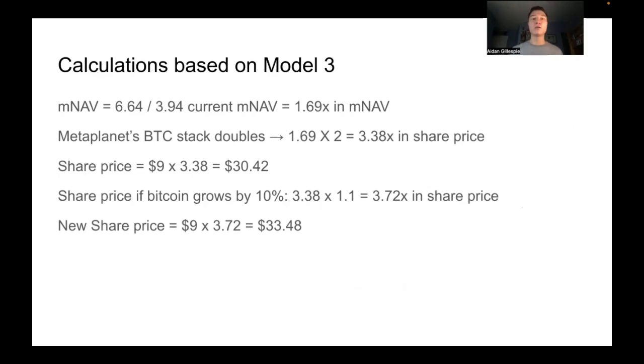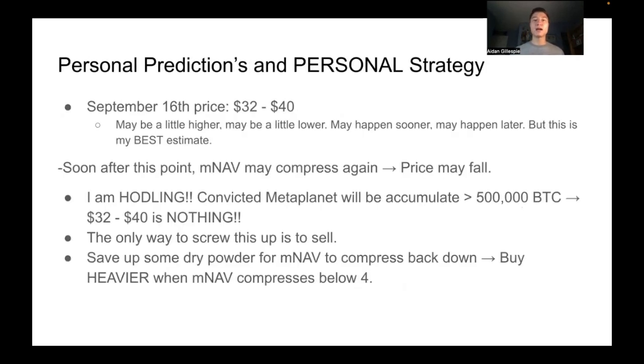You can find what model you like best, where you think Metaplanet's going, and see if you agree with these numbers or if you have any differences in beliefs. But here's my personal predictions and my personal strategy. 59 days from now, it will be September 16th.